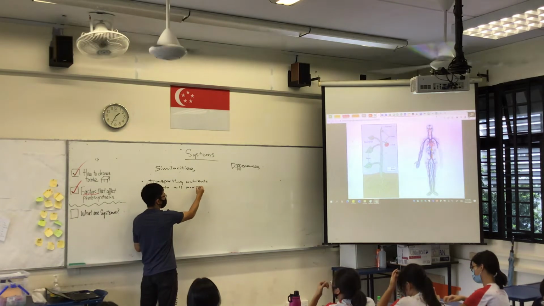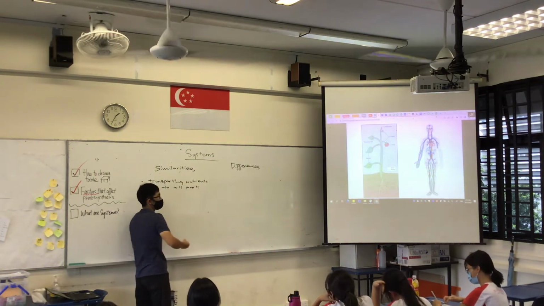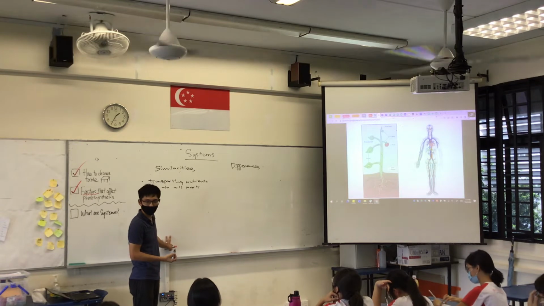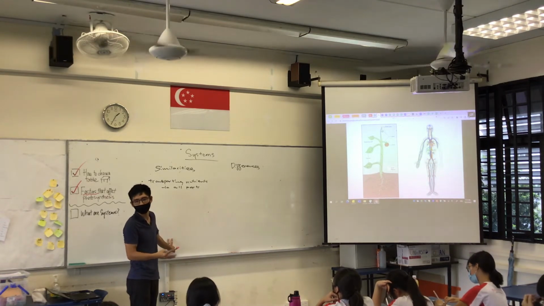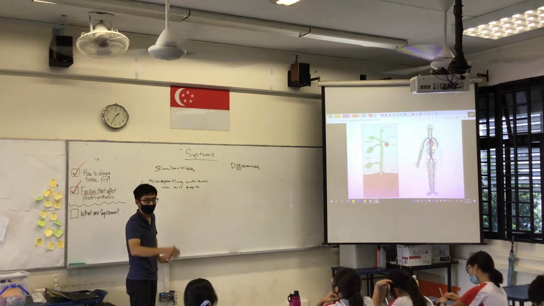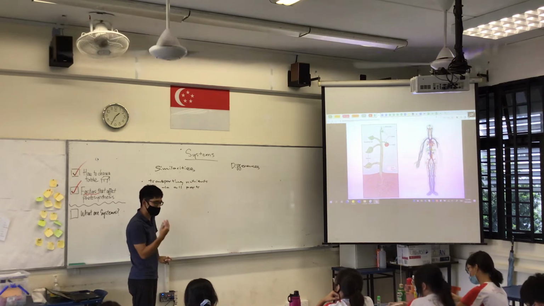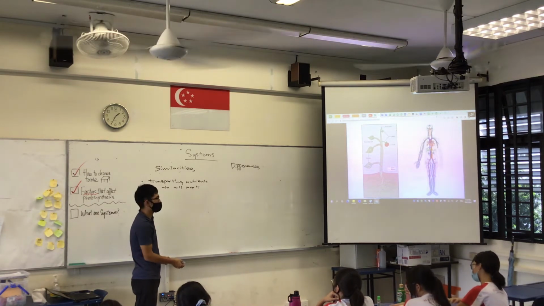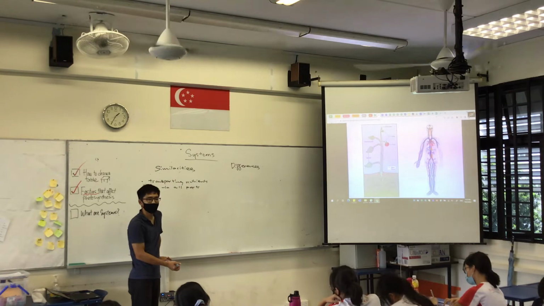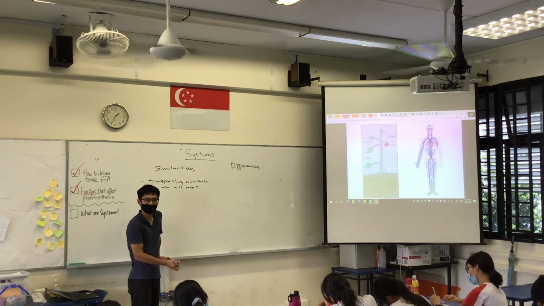Is that true? It is true. In plants, the food that's made in the leaves will be transported to every part of the plant. In your human body, nutrients will be transported to every part. Okay, that is true. Any other similarities between the two systems?